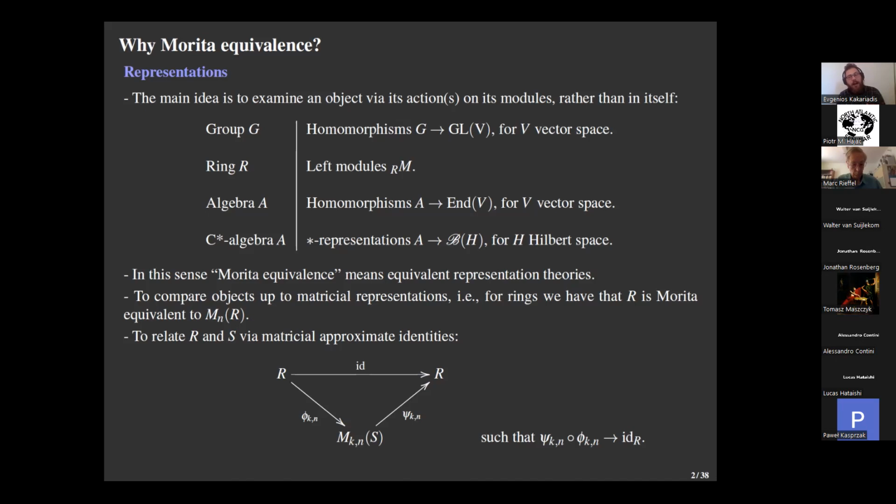Another way that I like to see Morita equivalence is by inducing mutually matricial approximate identities, in the sense that you have a setting that allows you to pass from R to matrices on S by completely positive maps, and from these matrices back to R, and this diagram commutes when you take a limit.